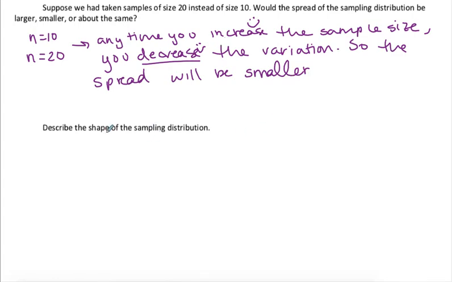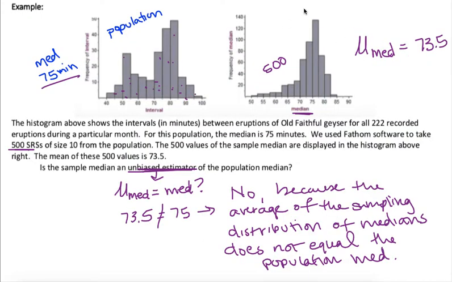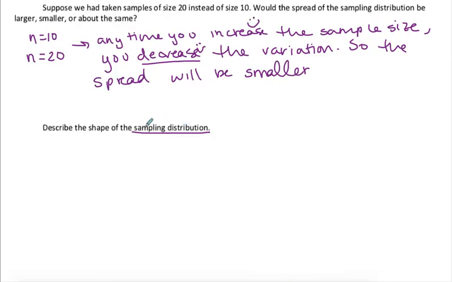So if we looked at the sampling distribution, okay, this is our sampling distribution here, because this is where we sampled 500 times a median. So this is our sampling distribution. So how would we describe this? Okay, anytime we have describe, we want to be thinking SOCS.